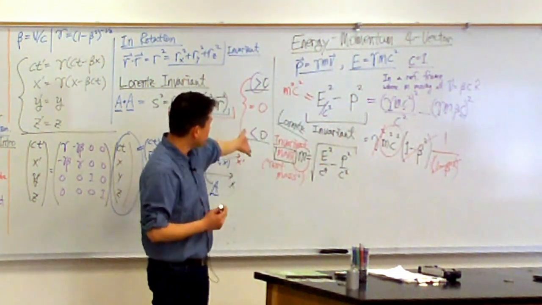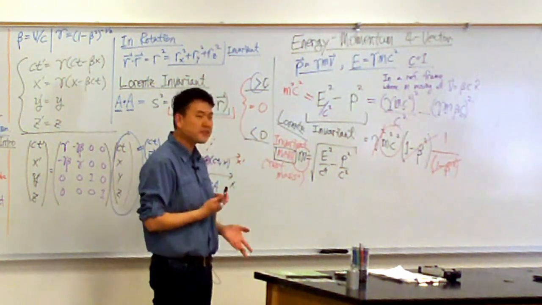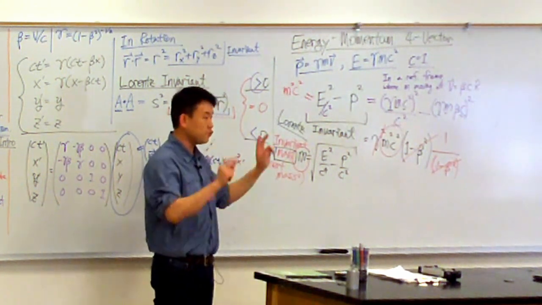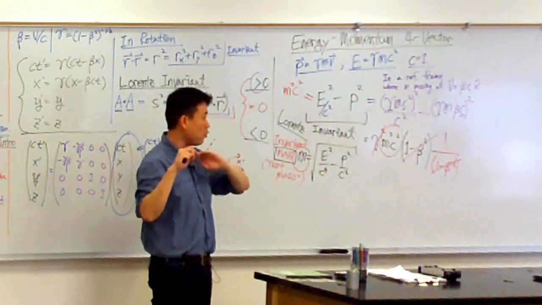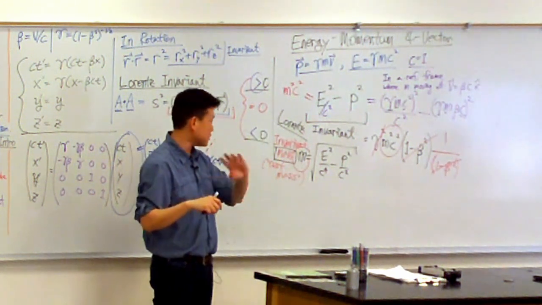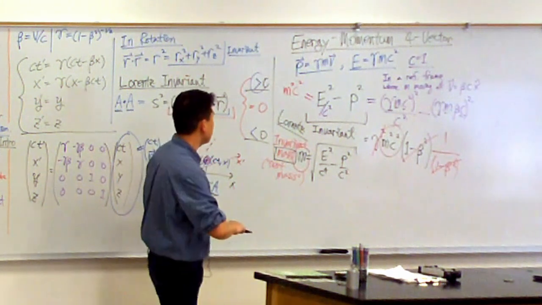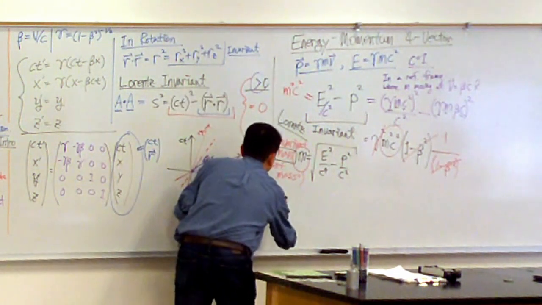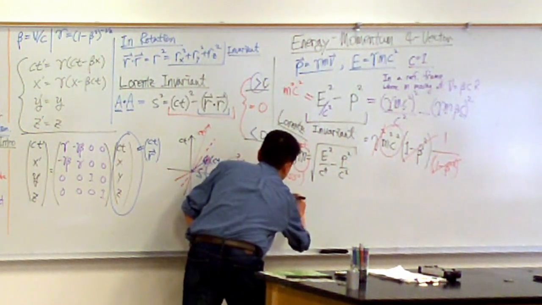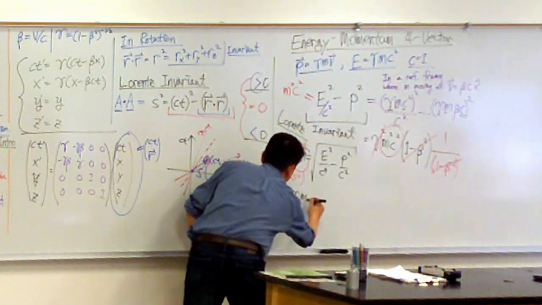I guess the only reason I'm pointing this out is there's this archaic phrase called relativistic mass that some older textbooks use, which is going out of style. But in case you see the phrase relativistic mass, it refers to this expression, gamma times m.